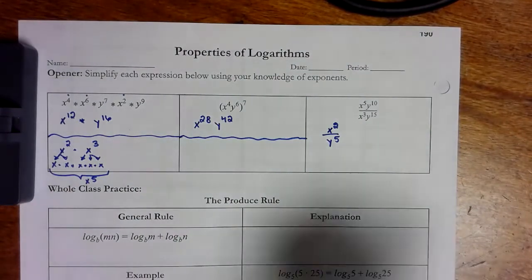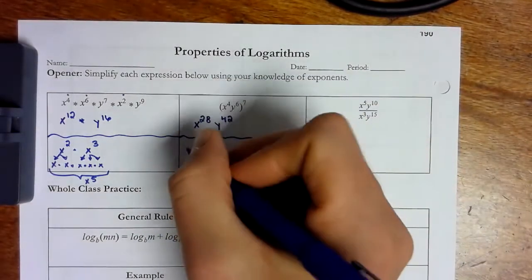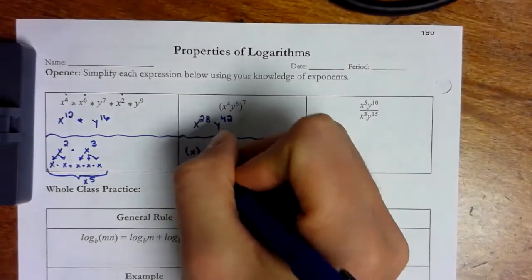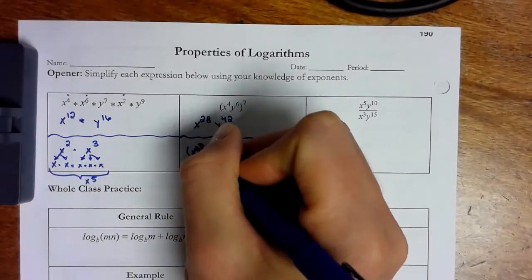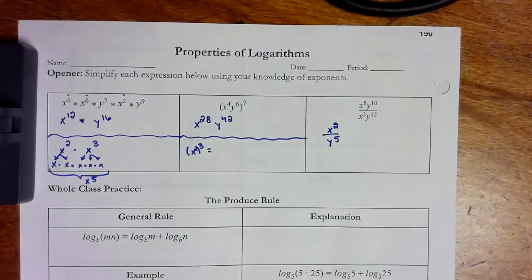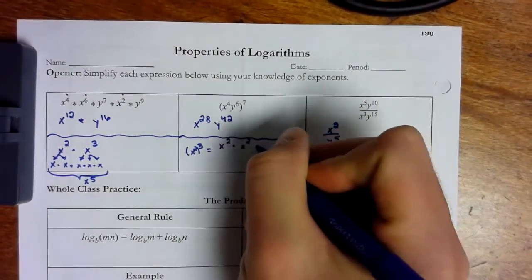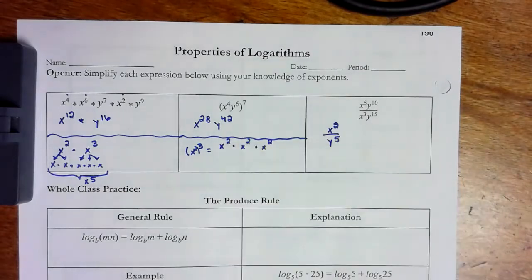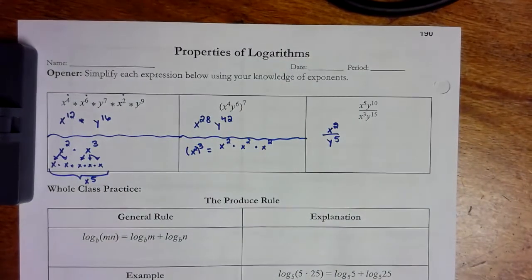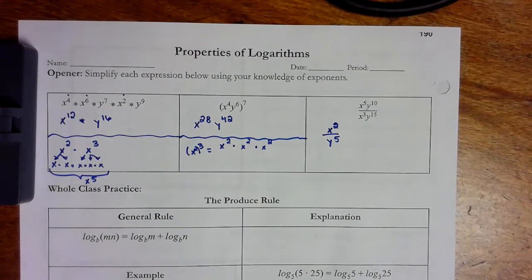Now, once again, why is that the case? Well, let's think about if I had x squared to the power of 3. What does that mean? Anything raised to a power means the base times itself that many times. This is really x squared times x squared times x squared, right? That's what x squared cubed would mean, because we want to multiply x squared by itself 3 times.